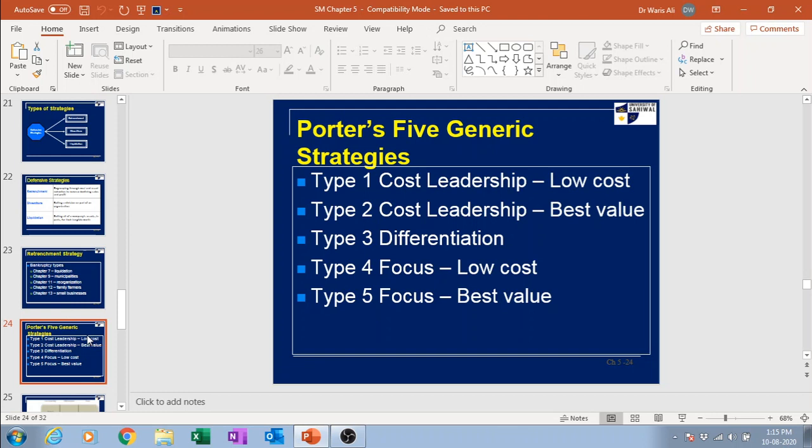We have cost leadership strategy, differentiation, and focus strategy. Within cost leadership, we can either focus on cost or on best value. Within the focus strategy, we can focus on low cost and we can focus on best value, but it's entirely dependent on us which kind of strategy we are offering.